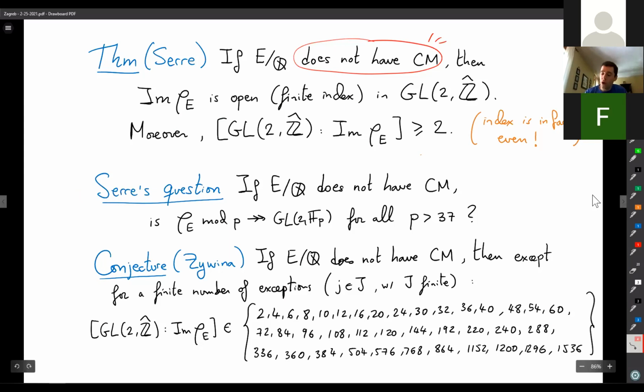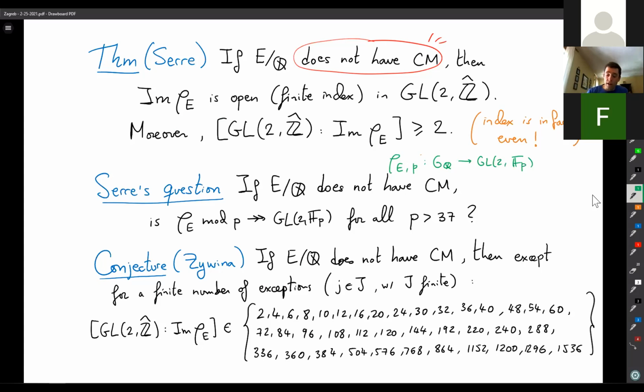If there is no CM, for every prime P you can reduce the representation modulo P, and then you get a representation rho E,P that goes into GL2 of Z mod P, so of F_P. And then the question is, is it always surjective for all P bigger than 37? We don't know the answer to that. There is some progress, but not complete.